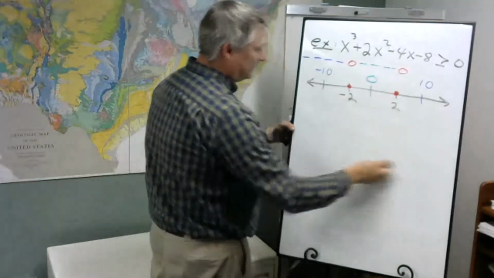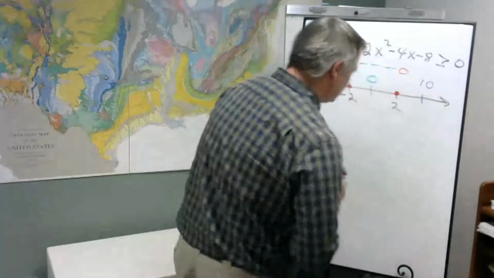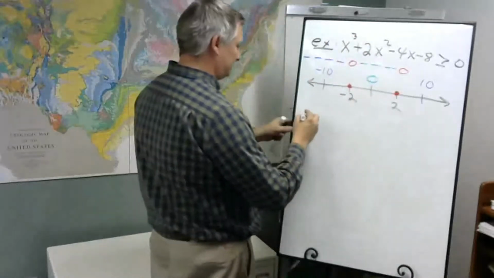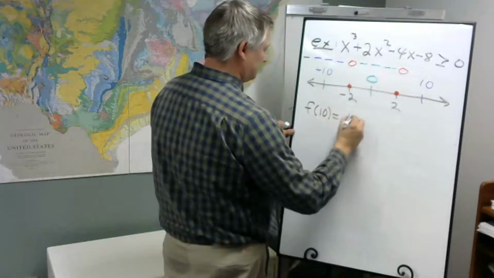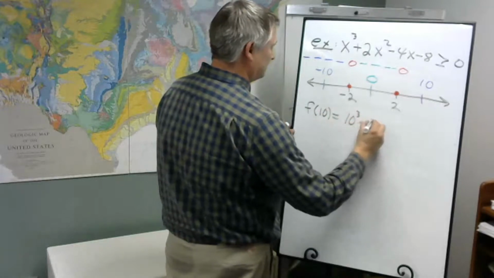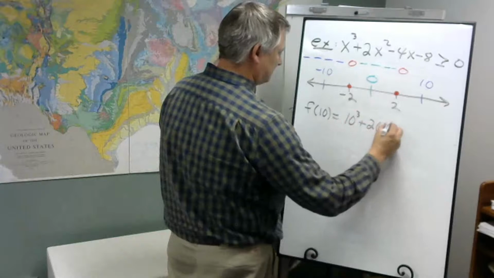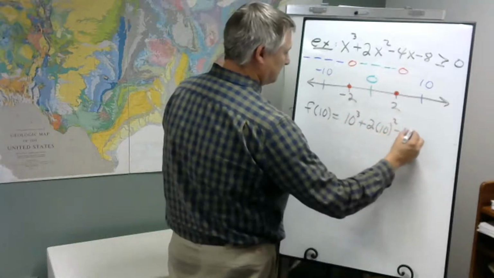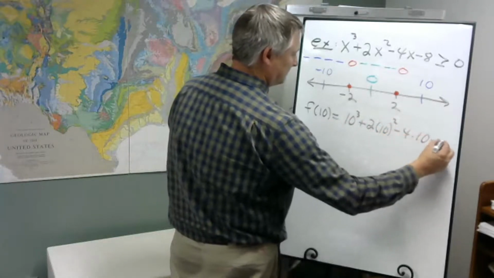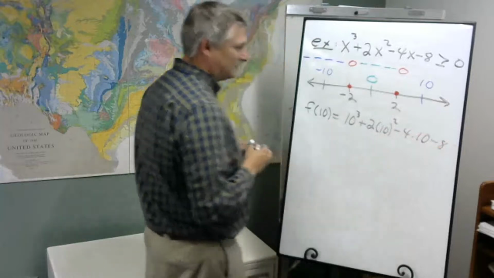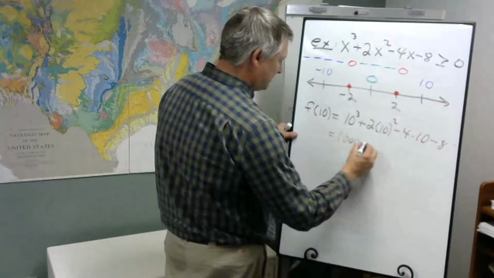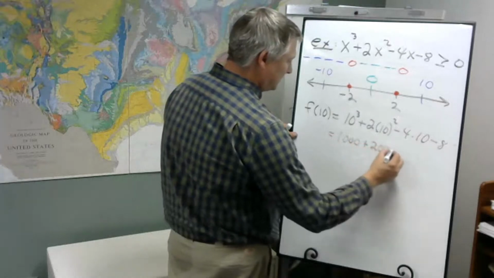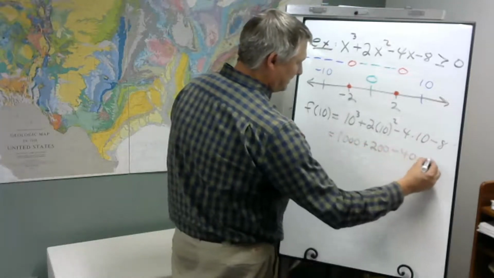So finally, f of 10. All right. So 1,000 plus 200 minus 40 minus 8.